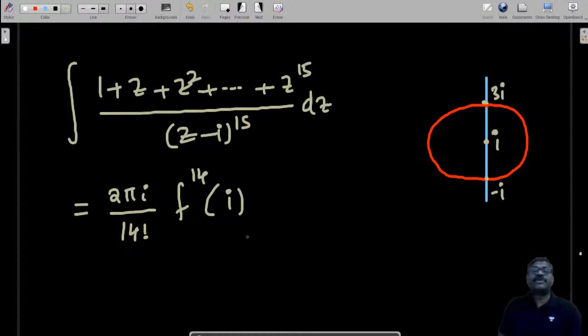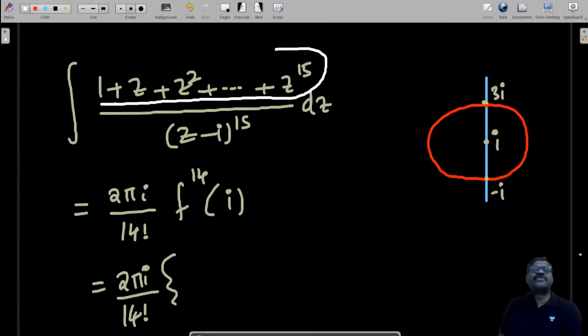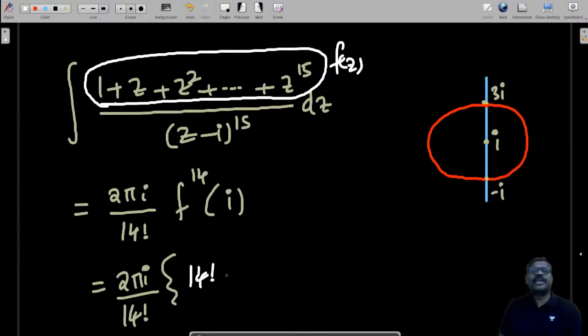When you differentiate f 14 times, what will come? 14 factorial plus 15 factorial z at z equal to i.